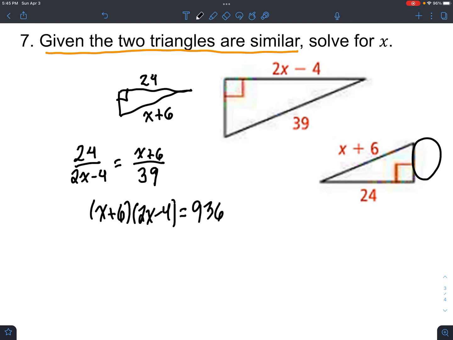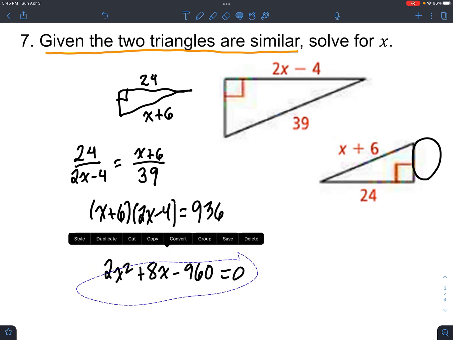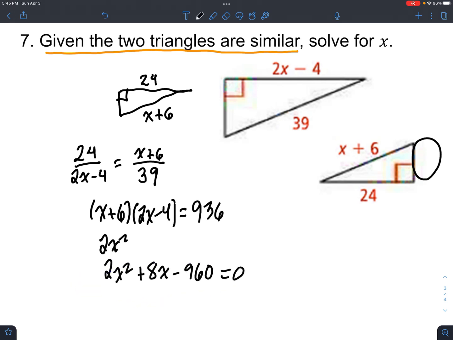In order to solve for x, this is a factoring question. We gotta set it equal to 0, if you remember that. So what's gonna happen is, this is the next step. Let's slow it down a little bit. I'm going to do first times first, outers, inners, and lasts.